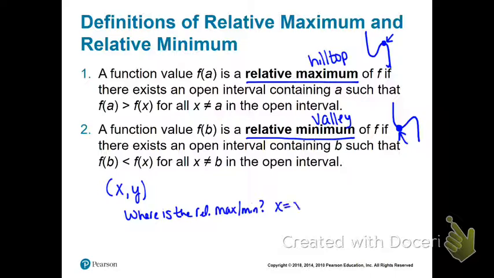So you're going to write x equals the x value of its ordered pair. If it says what is the relative maximum or minimum value, they're asking you then just for the y value.